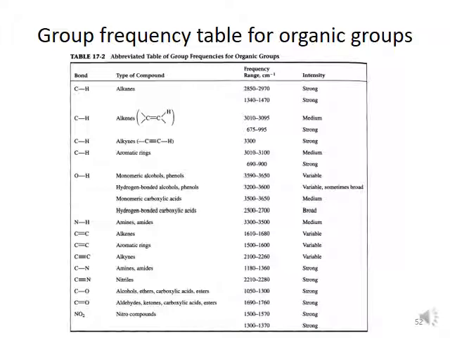If the intensity is strong, it means that the possibility of, for example, an alkane is there, so we can understand that there is an alkane there, a CH single bond. For other main functional groups we can also identify directly by using this table. I want to say that this table is very important, especially in the organic spectroscopy subject.